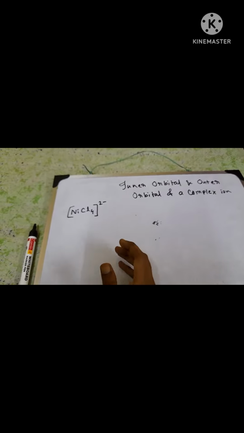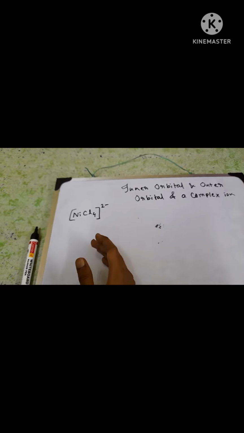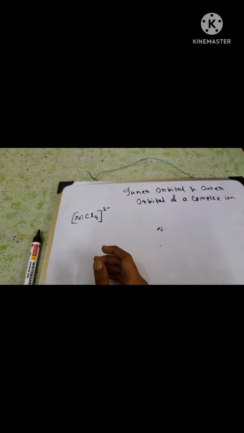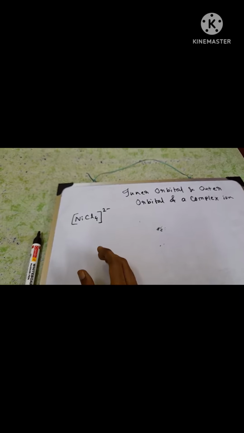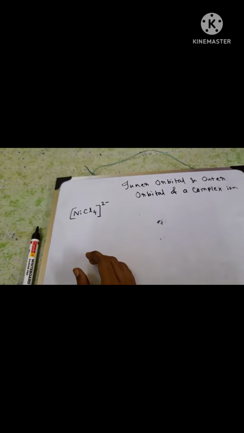Due to strong field ligands, the 3d or 4d orbitals of the central metal ion split into two parts, T2g and Eg, and there is a probability of pairing of electrons, that is, unpaired electrons get converted into paired electrons due to the influence of a strong field ligand. So these are some key concepts you should keep in mind while solving this type of question.